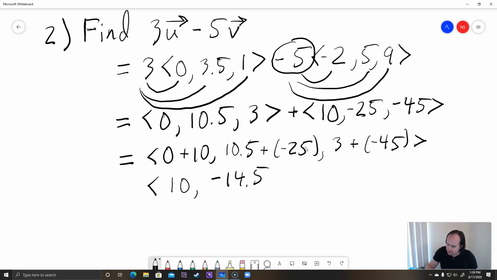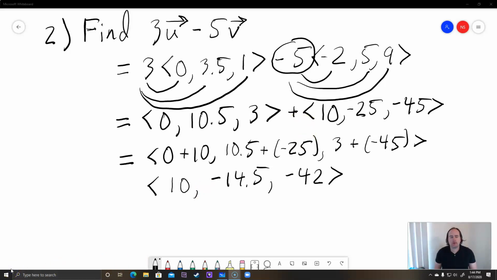Negative 14.5. And then 3 plus negative 45 is going to give us negative 42. Okay? So 3u minus 5v is (10, -14.5, -42).